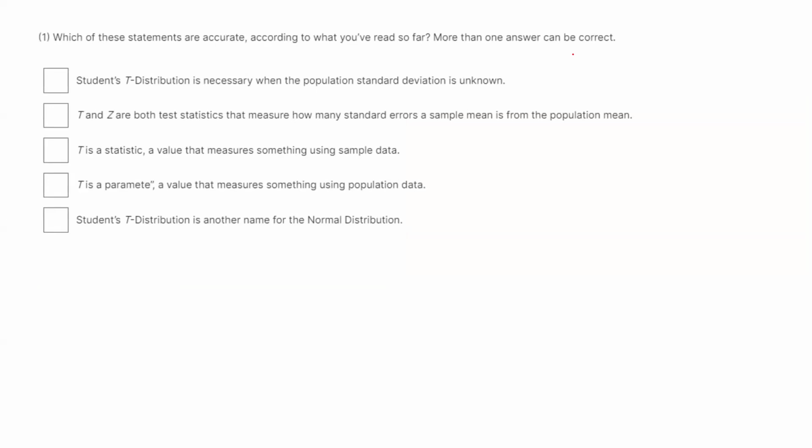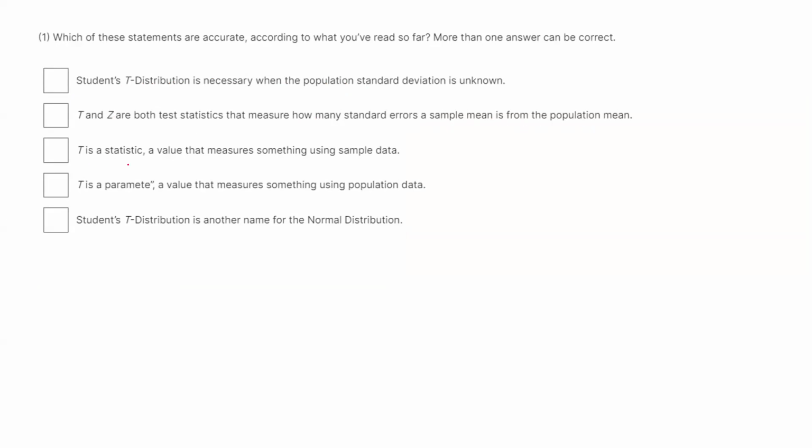Which of the following statements are accurate? Students' t distribution is necessary when the population standard deviation is not given. T and Z are both test statistics that measure how many standard errors a sample mean is from the population mean.